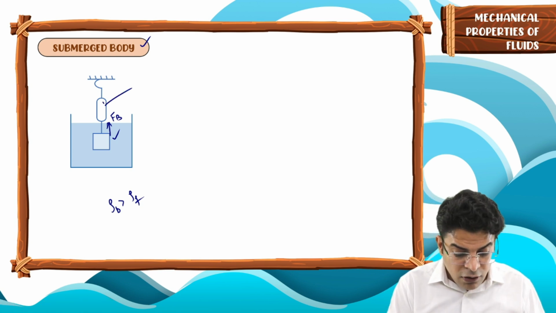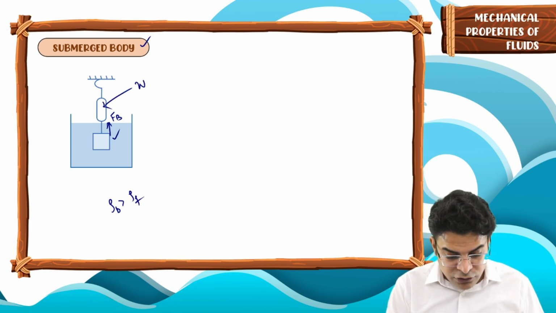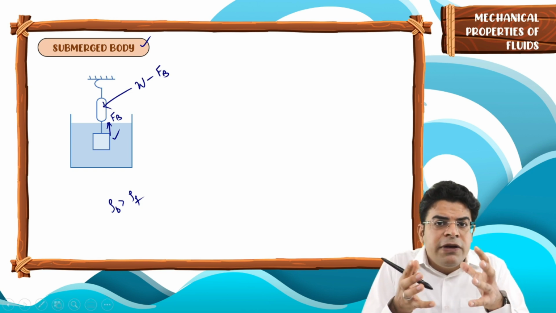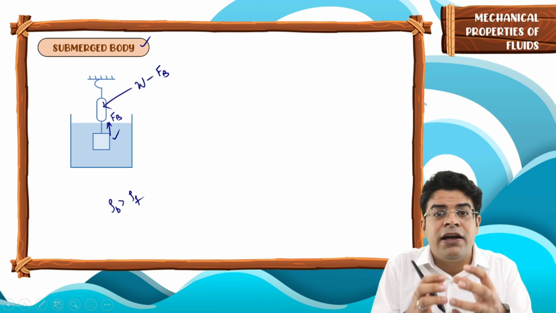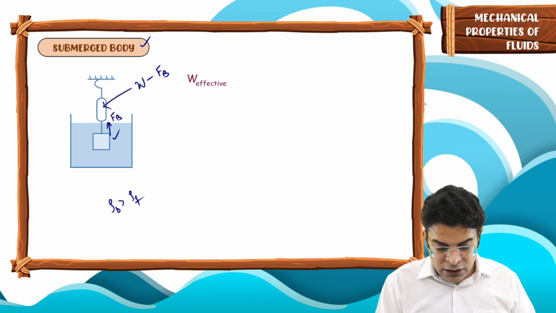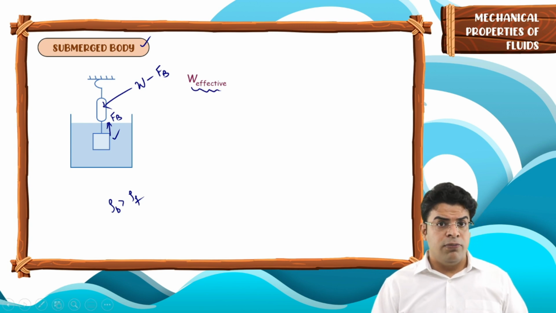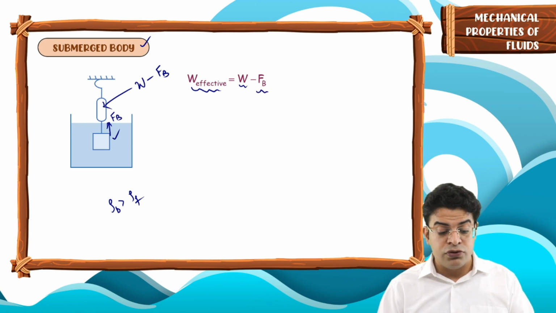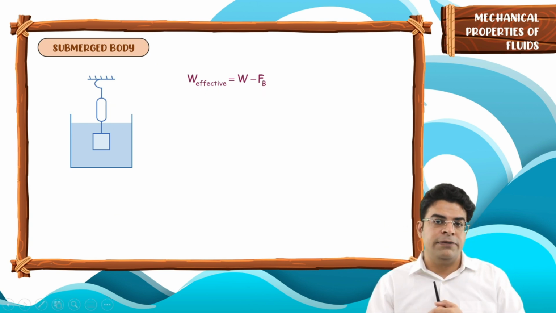The reading will be the actual weight of the body minus the force of buoyancy. So we say that once placed inside the fluid, the effective weight of the body decreases. The effective weight is the actual weight minus the force of upthrust, the force of buoyancy.